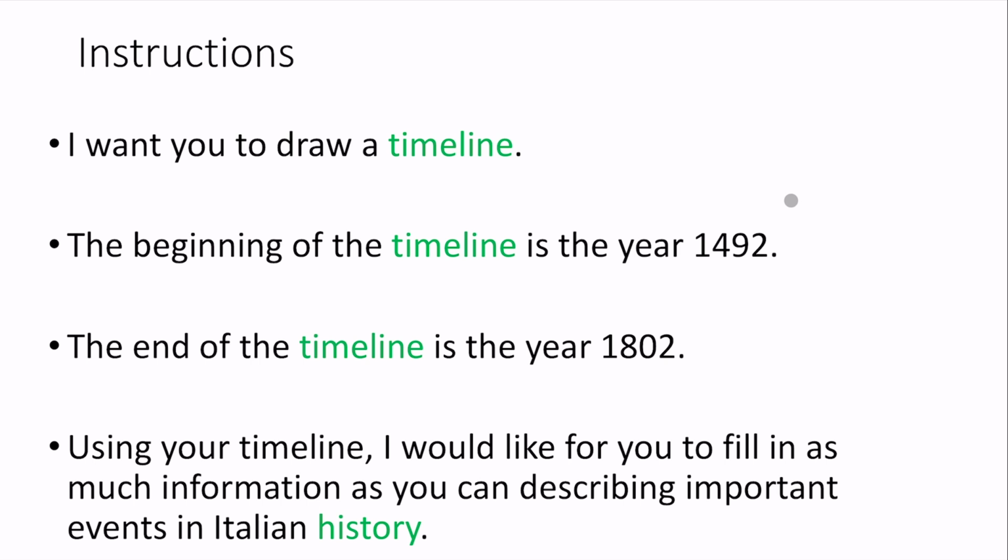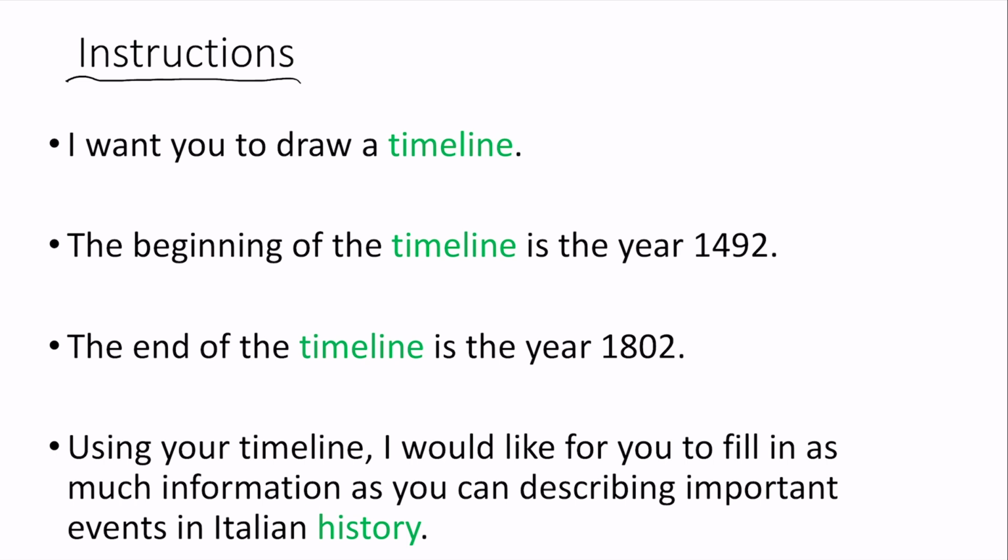So here at the top, these are our instructions. So here's what I would like for you to do. I want you to draw a timeline. Do you know what a timeline is? What is a timeline? Yeah, a timeline is a line that we will draw on a sheet of paper. It will begin with a certain point in time.